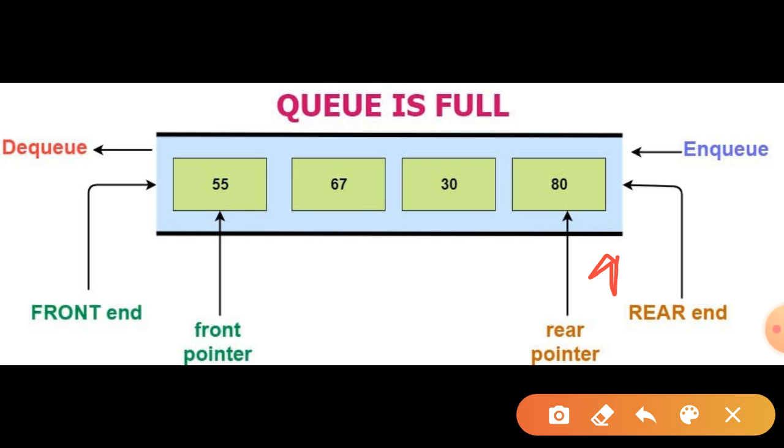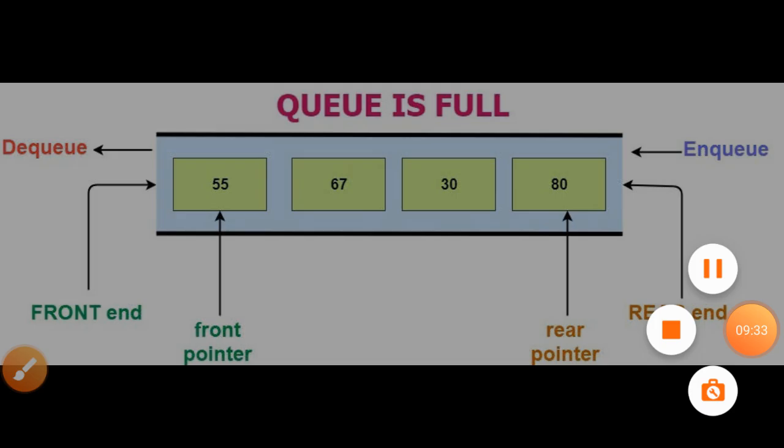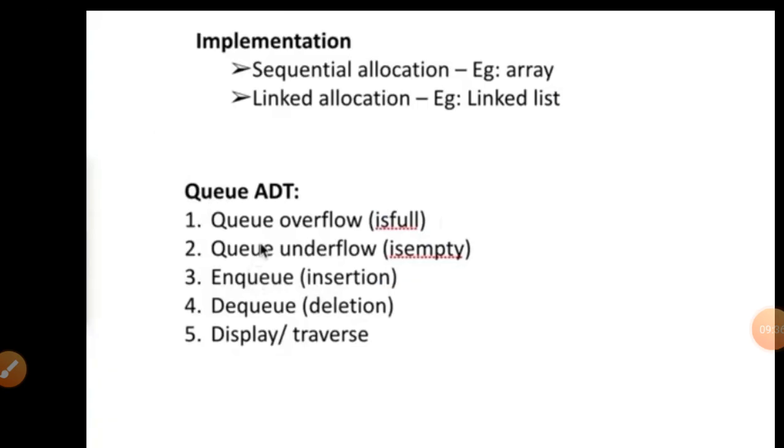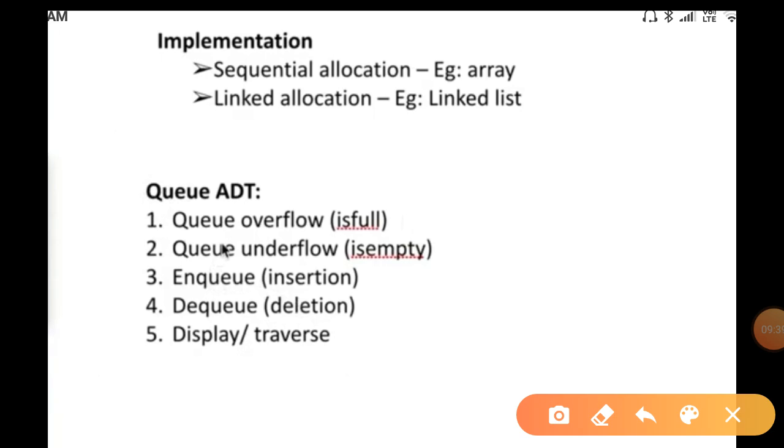If you are trying to insert an element into the queue when it is filled with elements, then it has to generate an overflow condition, meaning it is already filled with elements. So that is queue overflow.